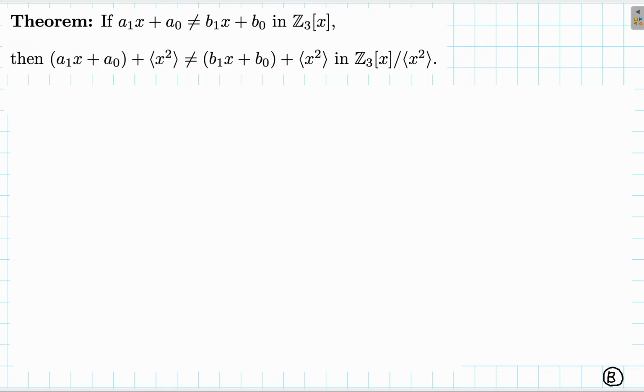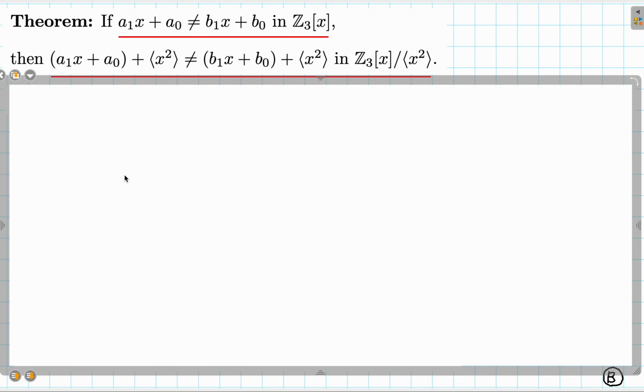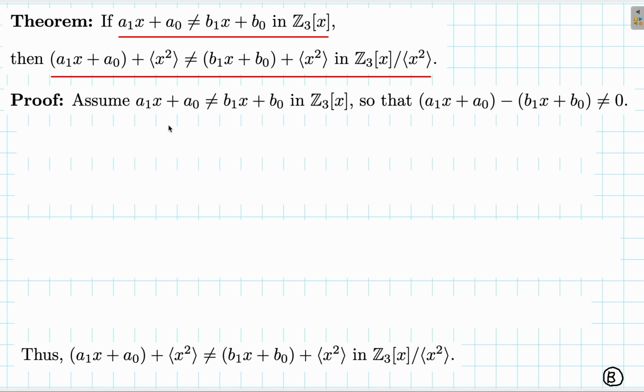As usual, let's identify the hypothesis and conclusion of this theorem statement. And this gives us the first and last lines of our proof. So we'll assume that these polynomials are different in Z3 bracket x.